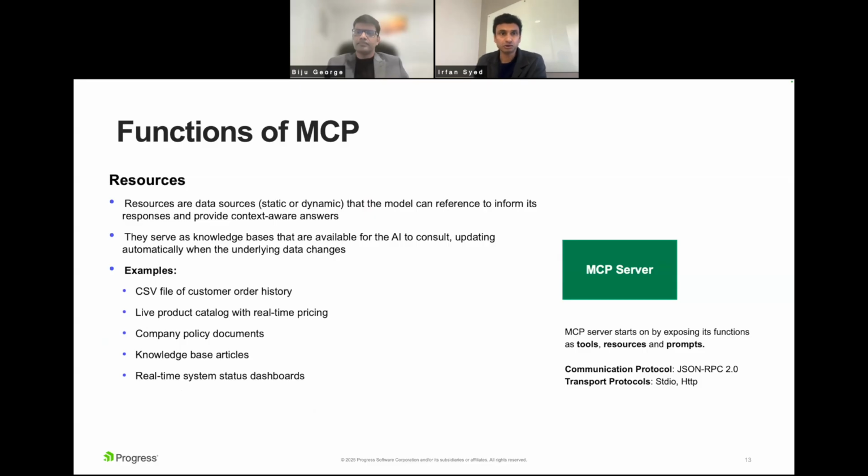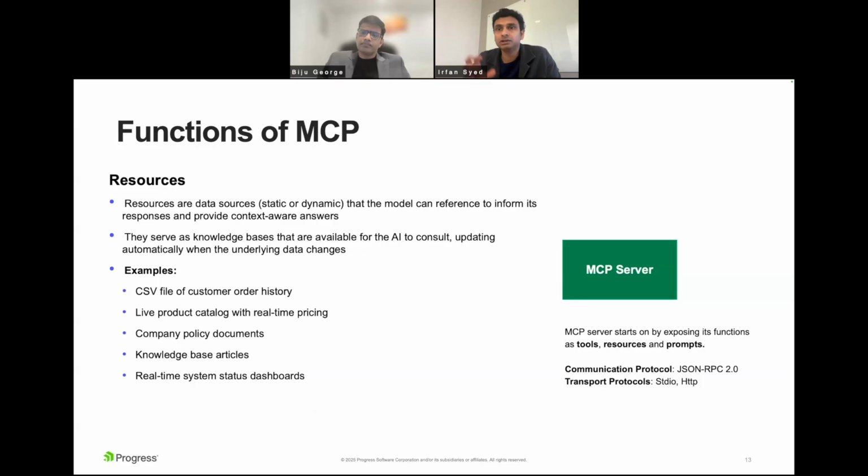And then come resources. Resources are data sources, which could be static or dynamic, that the model can reference to inform its responses and provide context-aware answers. They are mostly used where you want to expose something like a knowledge base article, or customer inventory as a CSV file.